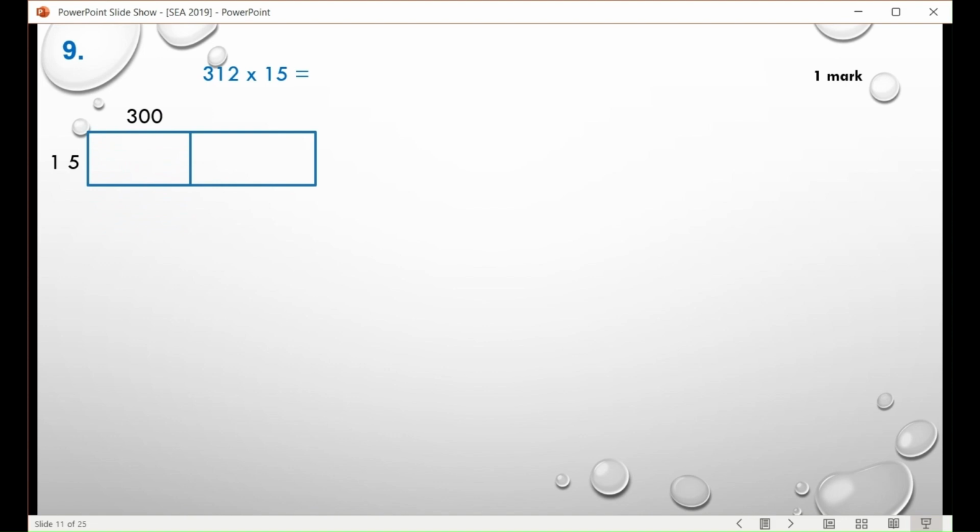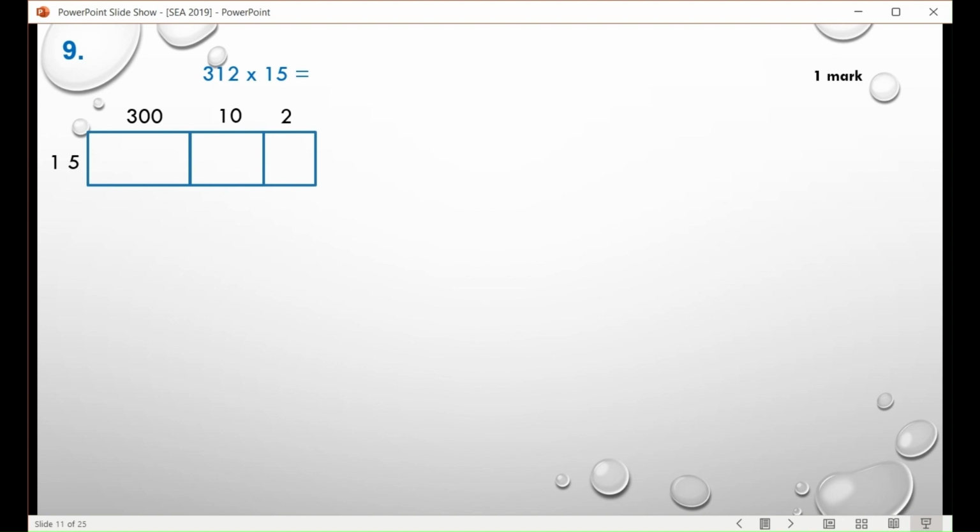So we consider the whole length being a smaller rectangle of 300 and another rectangle of 10, that's 310. And what remains? 2. So it's a large rectangle, 312 across, multiplied by 15, but we can break it up into parts.